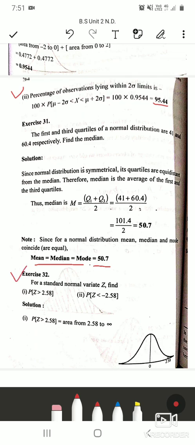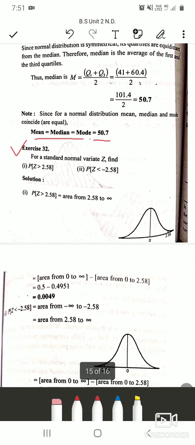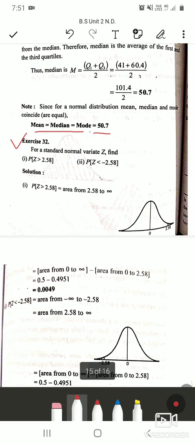So the 32nd problem is, for a standard normal variate Z, find the probability of Z greater than 2.58 and the probability of Z less than minus 2.58. In the first sub question you have to find the probability of Z greater than 2.58. So Z can take values from 2.58 to infinity.